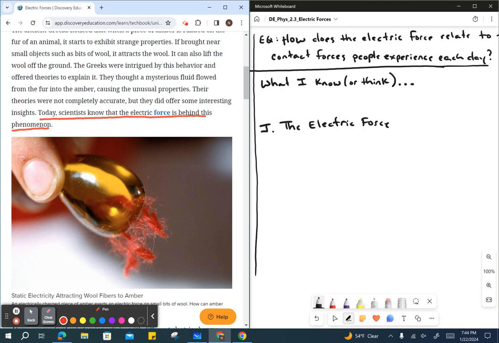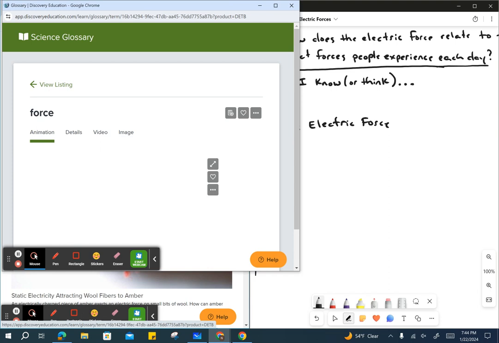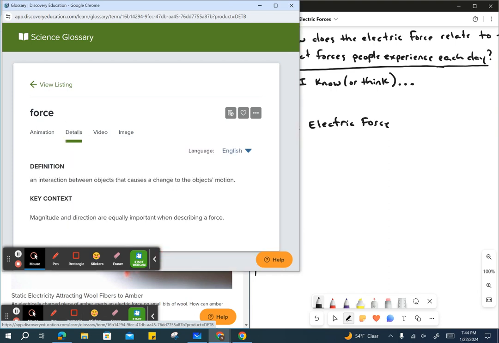Okay. And I'm actually going to click on the term force just to continue to remind you that you have a glossary that's available to you. What is a force? An interaction between objects that causes a change to the object's motion. So just remind yourself every once in a while.